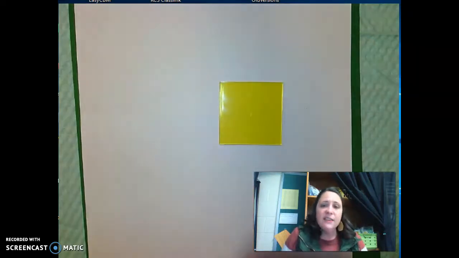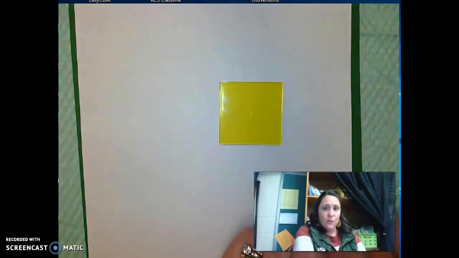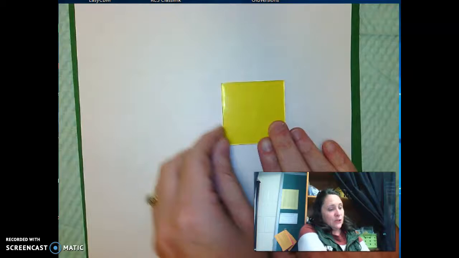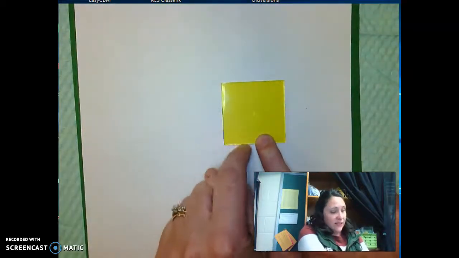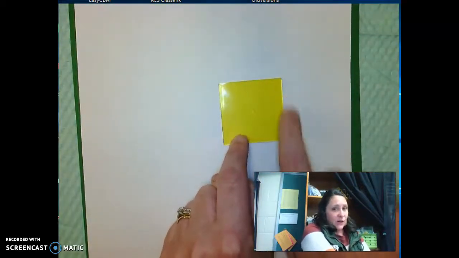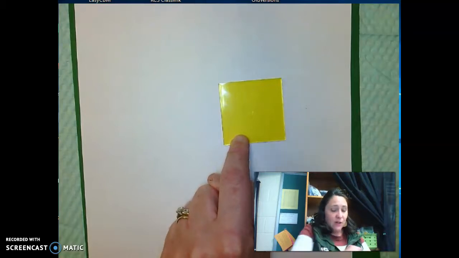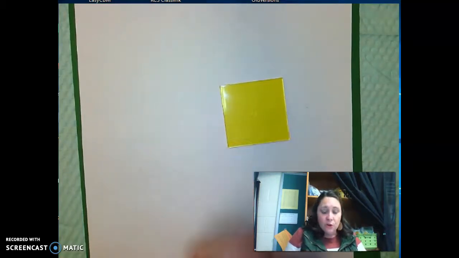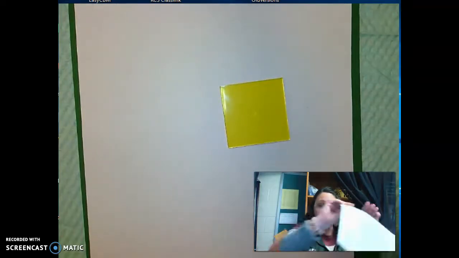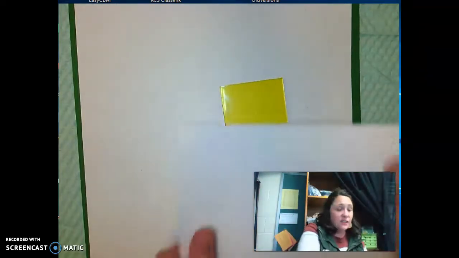What are the size of the angles in this square? What is the size of this angle, what is the size of this angle, and this angle of the square? You may know that you can use a corner sheet of a piece of paper to show the angles are equal to the corner or the angles of this square.